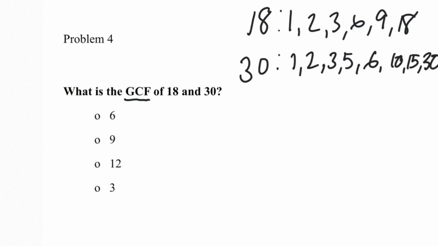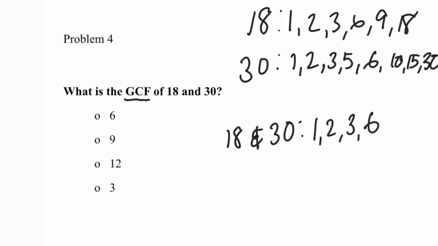The common factors of 18 and 30 include 1, 2, 3, and 6. The greatest of the common factors is 6.